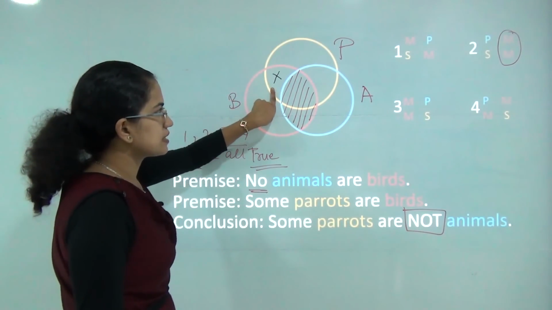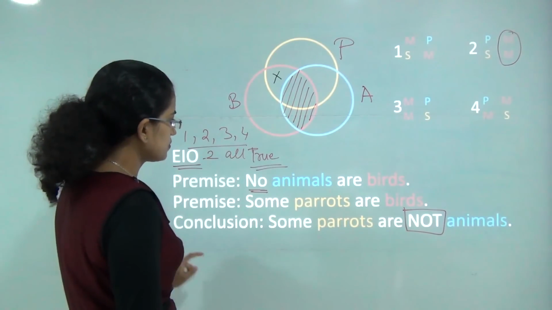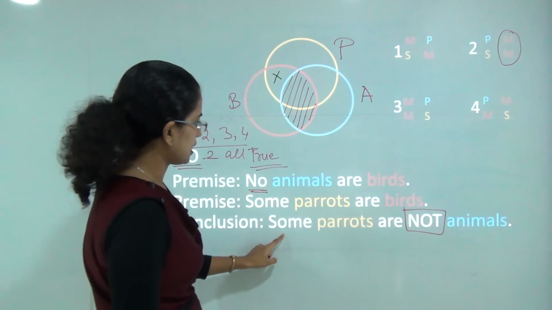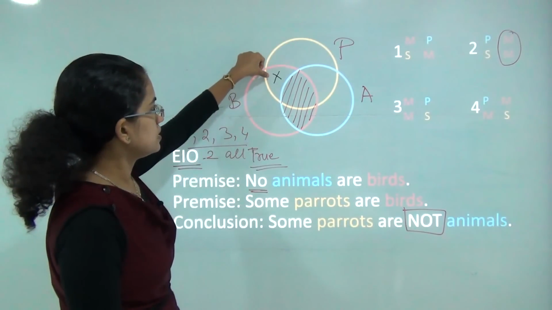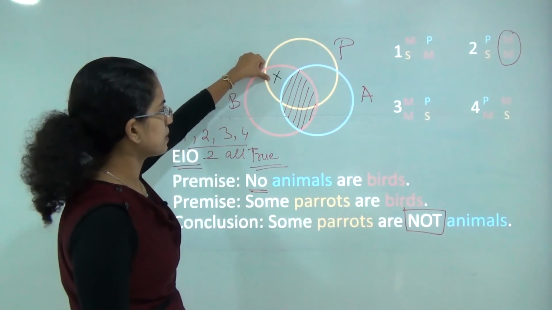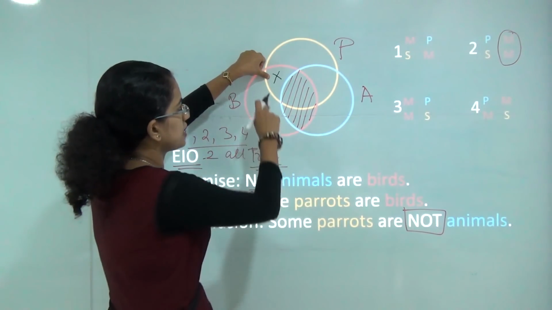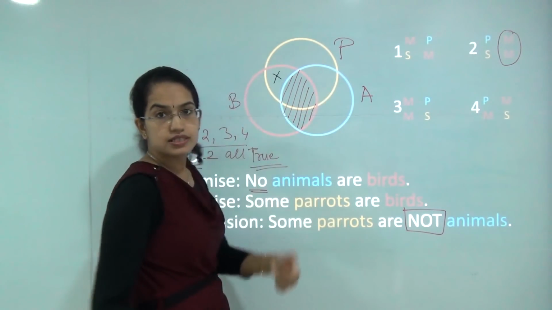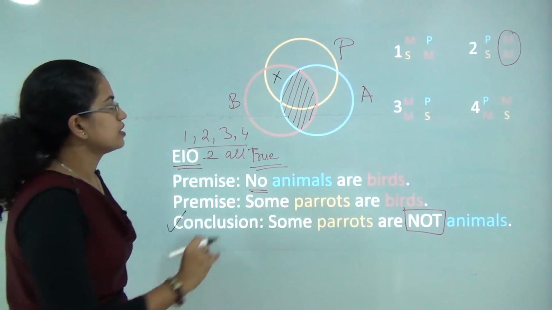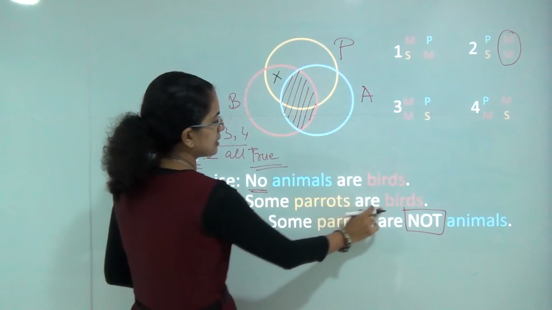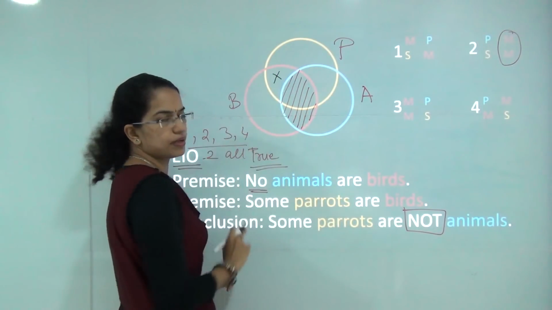So if I am marking them in this region, now can I say some parrots are not animals? Since these some parrots are coming here, I am saying these some parrots are not animals. That is correct. So my conclusion holds true. I will repeat once again.